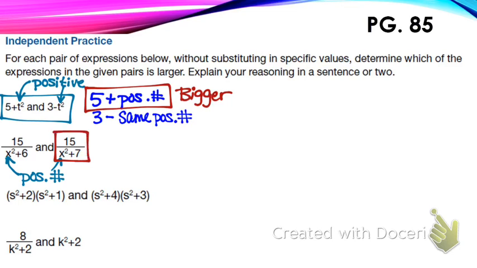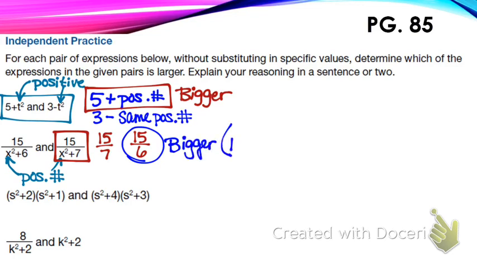So that means this one is bigger? Yes. Question. No. 15 divided by 7, 15 divided by 6. Which one's bigger? 15 divided by 6. Yeah, usually the smaller fractions are bigger. We're not dividing it into as many pieces.